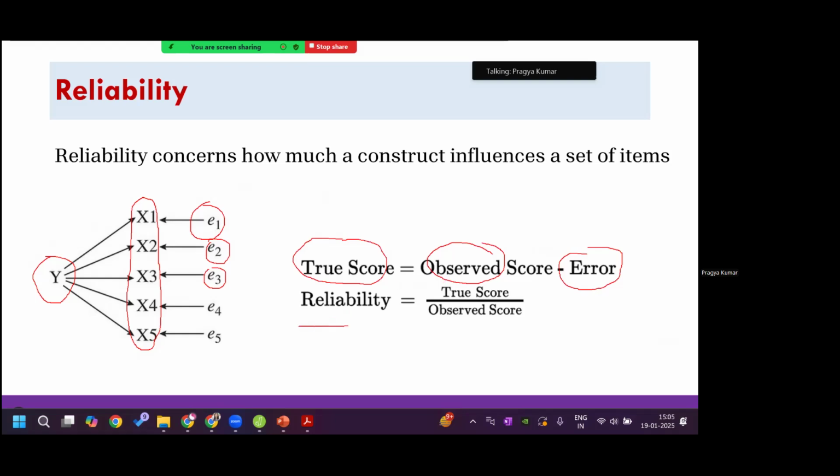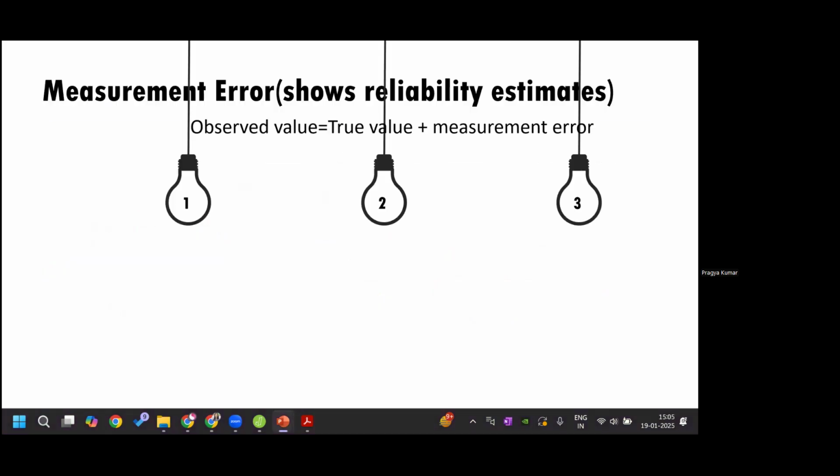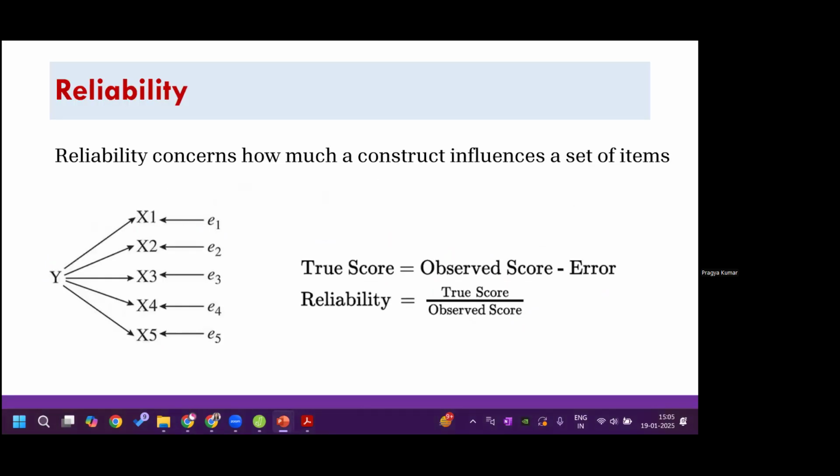Actually, here it is written true score by observed score, but it is the variance in the true score divided by the variance in the observed score. But you know what the observed score will be? The observed score will be true score plus error, so it is always more than the true score. That's why the value of reliability is less than 1. So reliability is defined as the variance in the true score in the numerator, and in the denominator, the variance in the observed score.